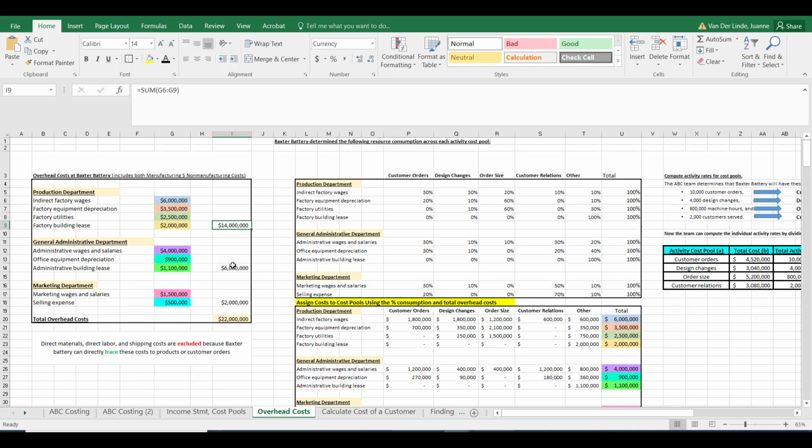But all of these other costs here that we see listed can't be traced, or easily traced actually, so we have to assign them. So we're going to see now how to take all of these costs here, these overhead costs, the non-manufacturing and manufacturing overhead costs, and how we're going to go from this table here to actually assigning those costs to products at the end of the day. But there's a couple of steps that we'll need to follow to get to that point.